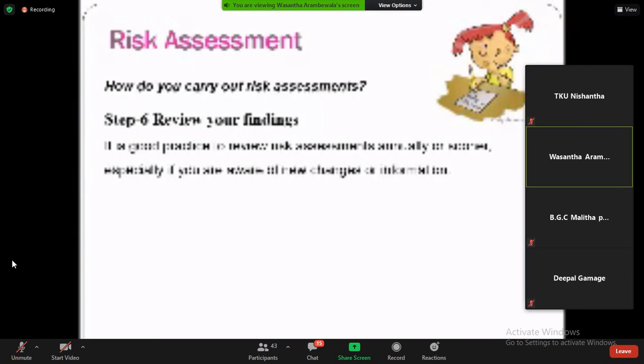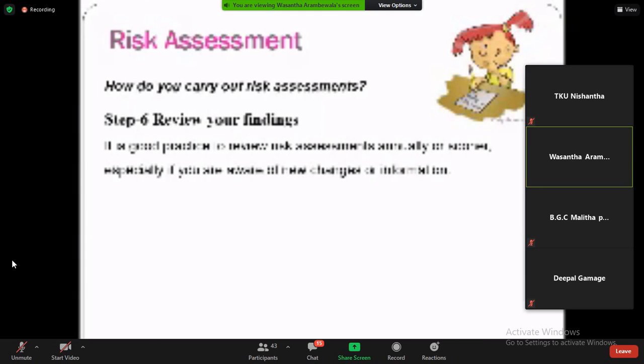Normally you are doing it annually. If accidents happen, you are doing it. If there is a place change or you relocate, you have to do it. If there is an employee change, for example, new employees coming to your section and carrying out work, then you have to review the assessment. Likewise, if substances change, you have to do it.